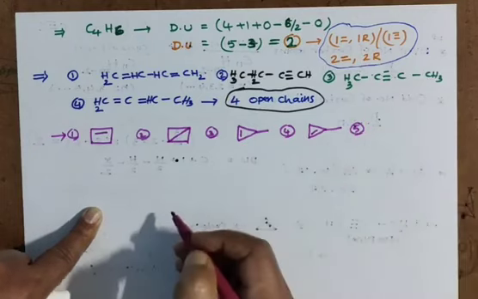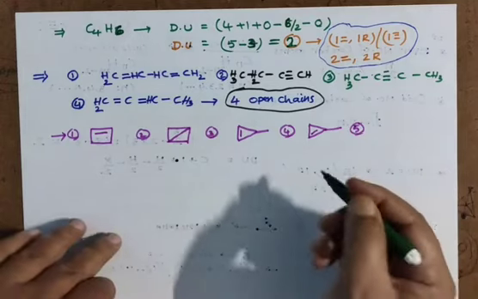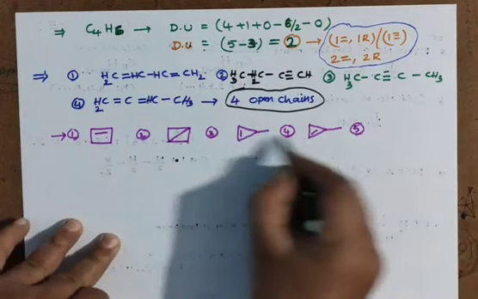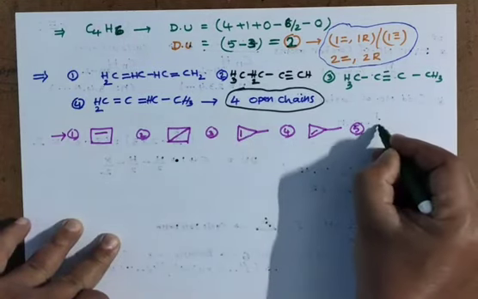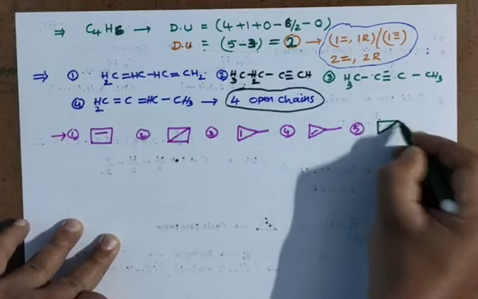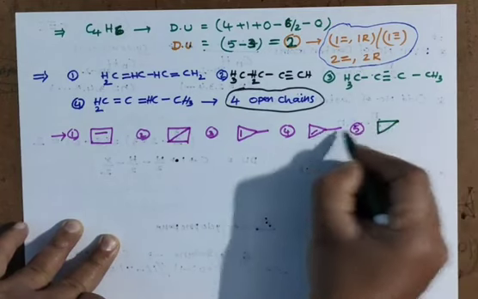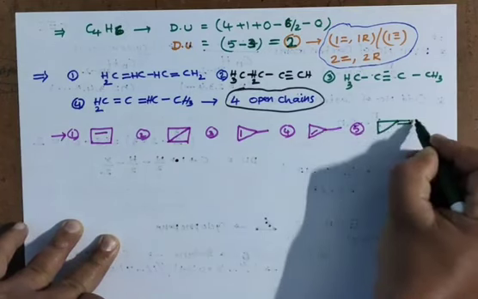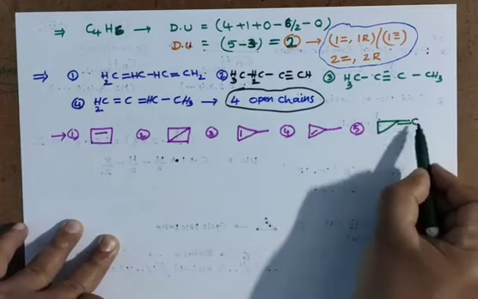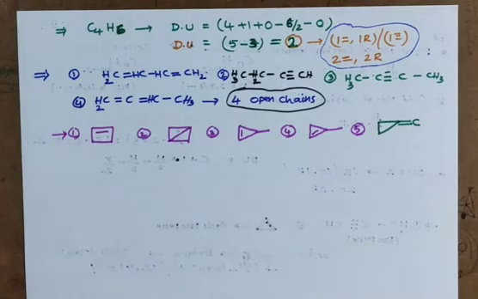So 4 I got. And we have the chance double bond to shift out of the ring. Inside the ring we have here 2 double bonds. Now this time I am changing outside the ring. This is cyclic ring. And here I got one substitution. Here I am taking double bond with the C. So 1, 2, 3, 4 carbons I got. So total how many cyclic compounds I got?